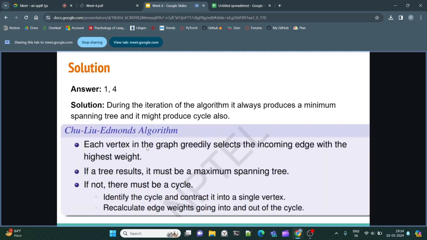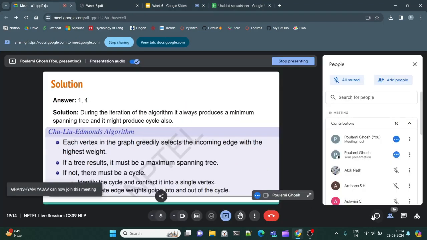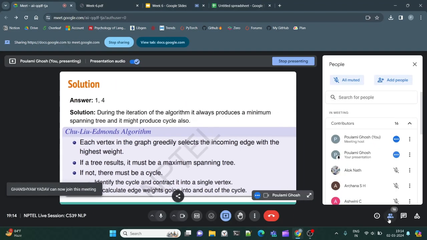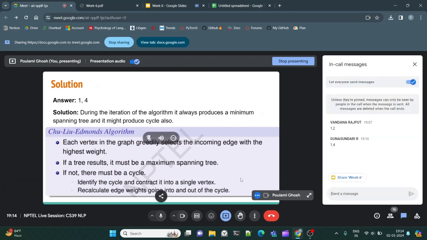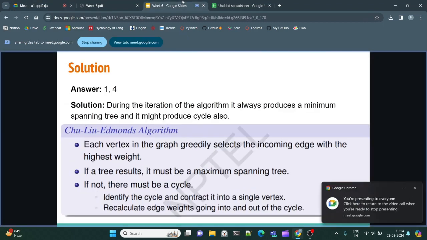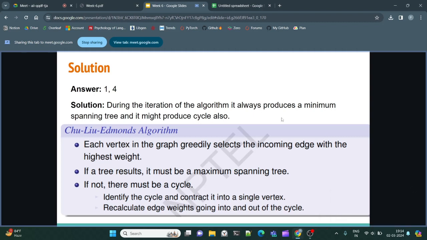Does anybody have a doubt in this problem? Ma'am, but in the solution you have written here, during the iteration of the algorithm, it always produces MST. So according to this, option two can be correct.